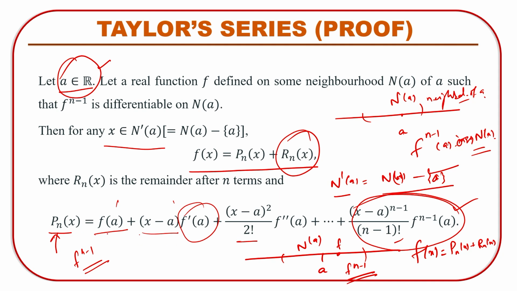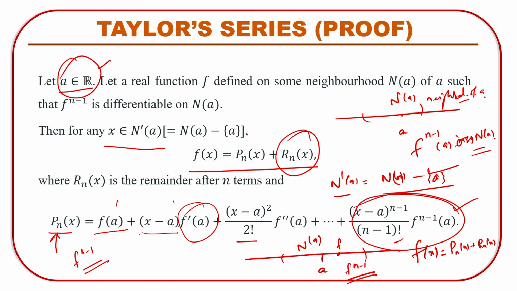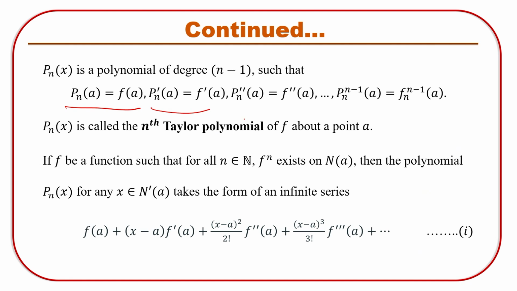So, this means f of A. For Pn dash of A, you will get the term f dash of A, and Pn double dash gives f double dash, and the (n minus 1)th derivative of Pn is the (n minus 1)th derivative of f.